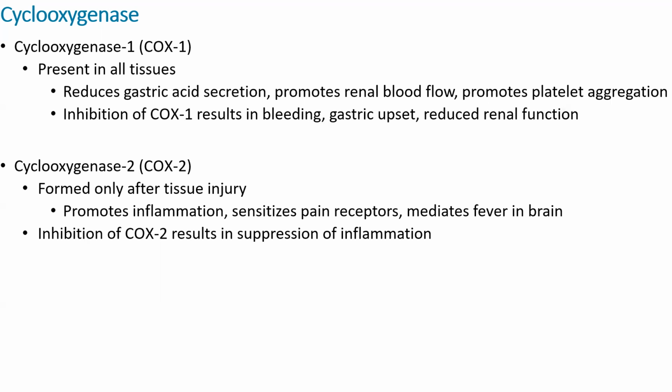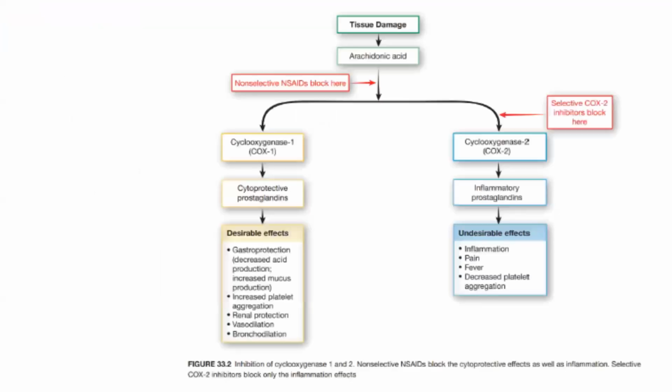However, the medications that block COX-2, cyclooxygenase 2, will result in suppression of the inflammation. It will suppress the inflammatory process. Tissue damage will result in a release of the arachidonic acid.